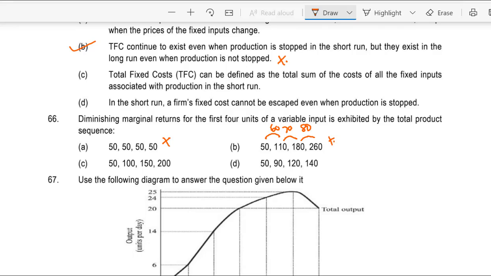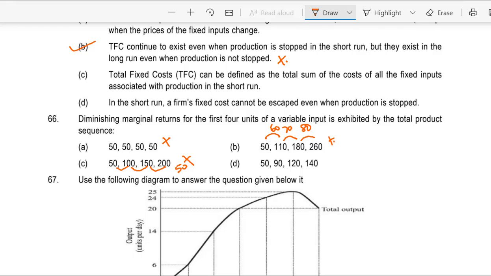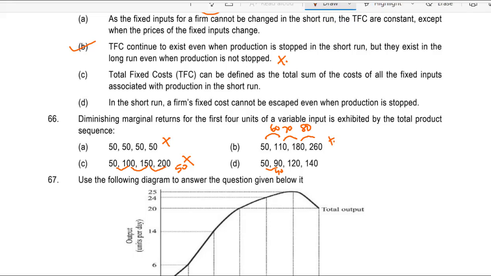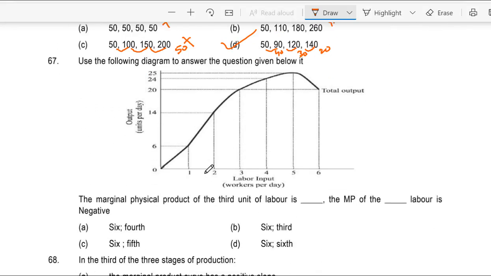Over here 50 and 100, 50, 100, 150, 50, 150, 200, 50, it is same, so it can't be the answer. Over here 50 and 90, 40, 90 and 120, 30, 120 and 140, 20. D is the answer, 66D. I believe you understood. 66, the answer is D.